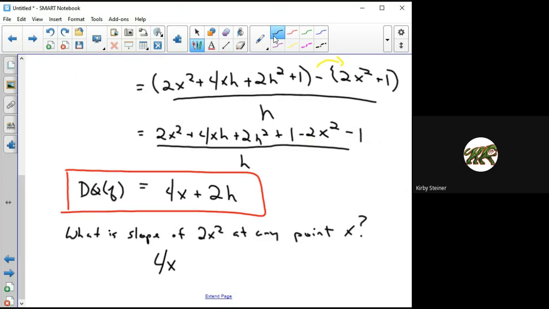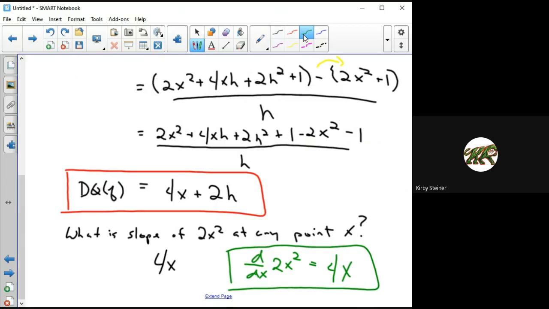All right, so on your own, for fun, you can go into your computer and take d/dx of 2x squared, and it's going to equal 4x. This is calculus, but you already did it right here. By doing this difference quotient and thinking about what happens when h gets really close to 0, you're already doing calculus.